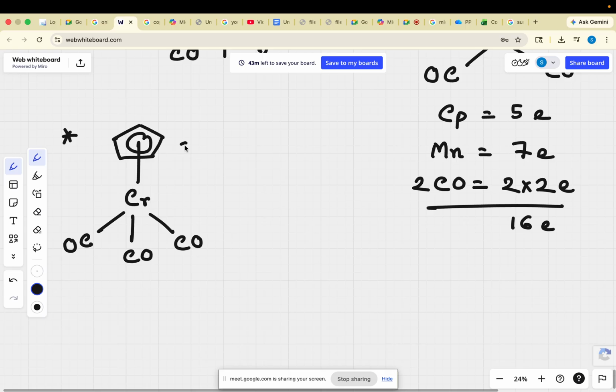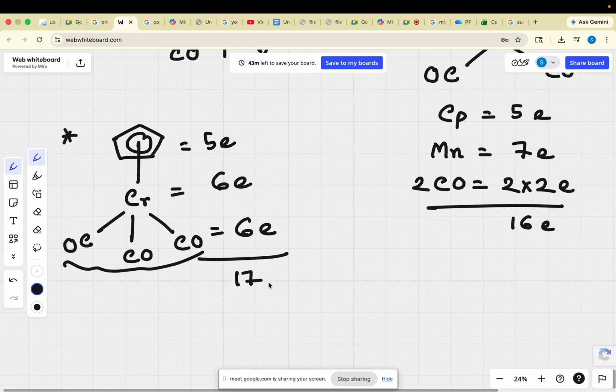This cyclopentadienyl will donate 5 electrons. Chromium is 3d5 4s1, so 6 electrons from here, and from the 3 carbonyls you get 6 electrons. So 5 plus 6 is 11, plus 6 is 17 electrons.